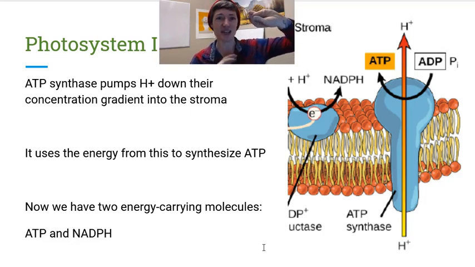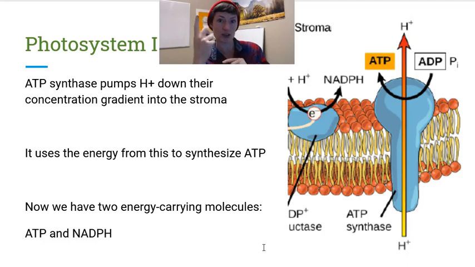So then we're going to take our concentration gradient and spin an enzyme around with kinetic energy, and then take that kinetic energy that we made and whoosh, make some more chemical energy. So the whole end result here is that we have some chemical energy that we're then going to transfer to our second stage of photosynthesis.